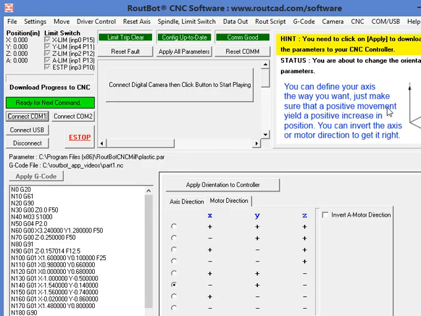Now, setting your axis orientation is quite easy. First, make sure you have set your other parameters like steps per inch, and so on and so forth. You need to set basic velocities. You need to make sure that your CNC is able to move, that everything is powered and working properly, because you're going to be moving your axis to find out how to change this orientation to what you want.